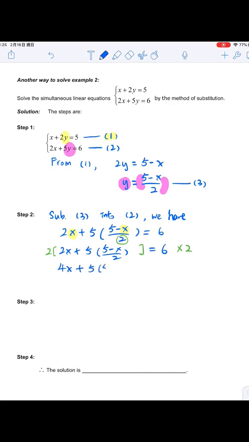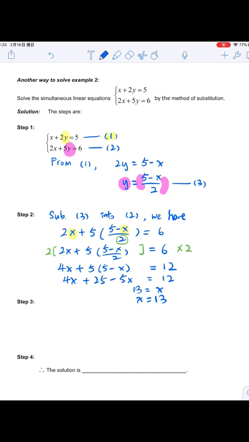After expansion, we get this. And so we can solve for x. And finally, we have x is equal to 13.